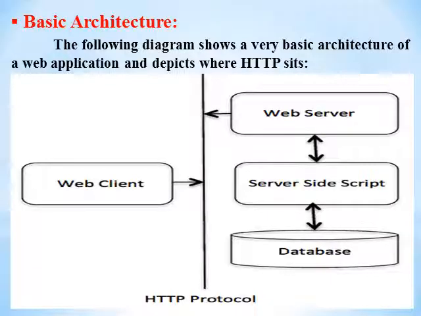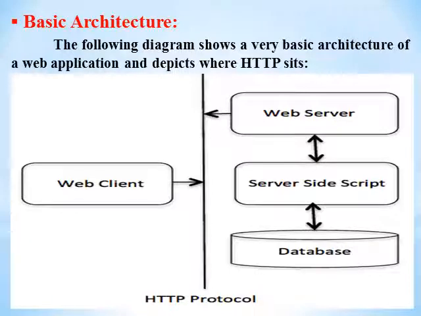Move towards the basic architecture of HTTP. The following diagram shows a very basic architecture of a web application, and it depicts where HTTP sits. As shown in the figure, there is one web client. Along with that web client, there is a web server, website scripts and a database. The database is there for the collection of different data.